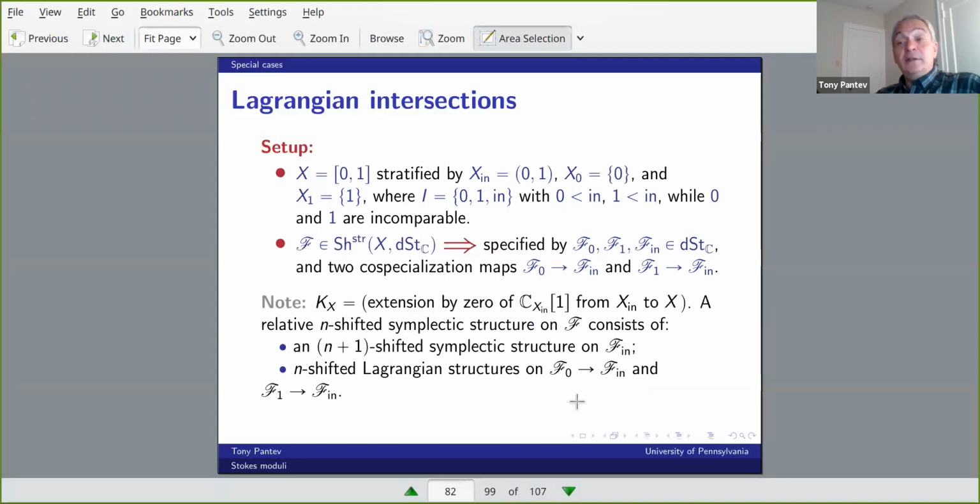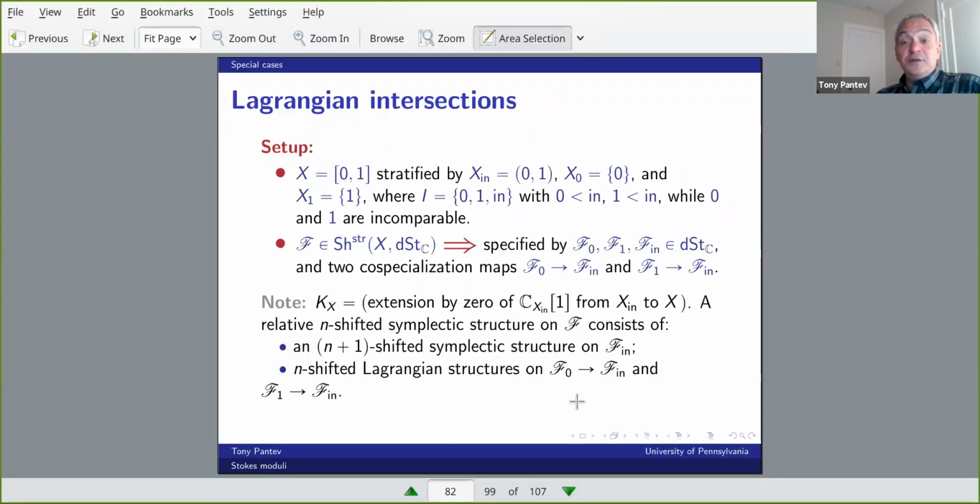And you can do that for two Lagrangians. So if you take the closed interval with 3 strata now, the open interval and the 2 endpoints, then a constructible sheaf of stacks on that is going to be 3 stacks, 1 for the open stratum and 2 for the closed stratum, with 2 co-specialization maps from the closed stratum to the open stratum.